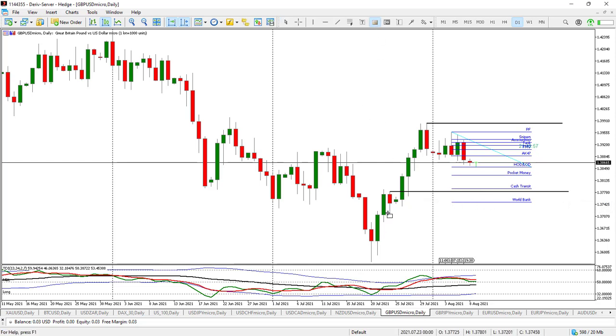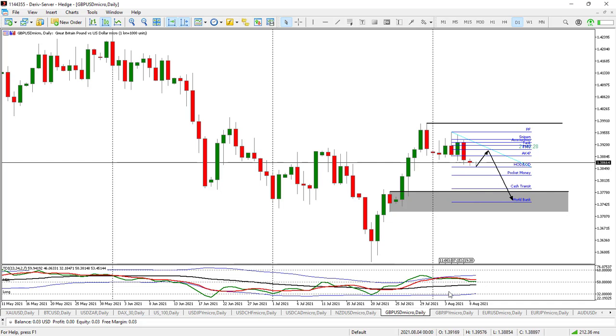Then once the market has tested this zone, I'll be looking for buys. This is what I'm expecting: a little bit of retracement to test the 50% of this bearish candle, and then a bit of a drop.